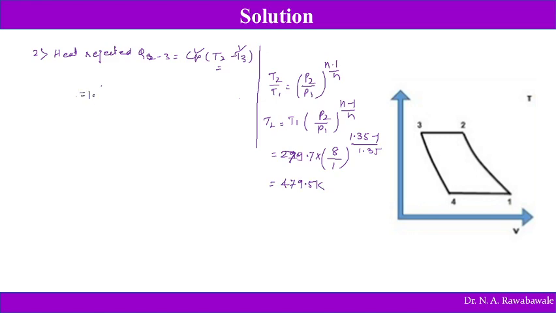So Cp is 1.005, T2 is 479.5 minus T3. T3 is given as 299.7 Kelvin. So on simplification we get this as 180.74 kilojoules per kg, because we are not multiplying it with mass flow rate.